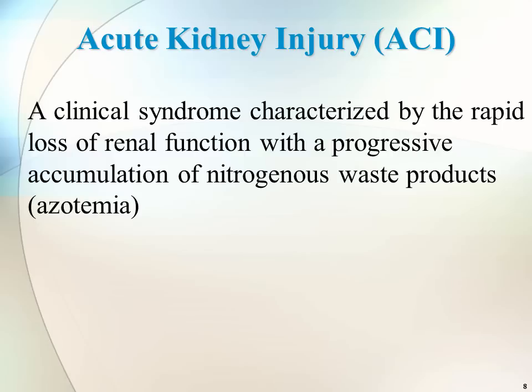If it's poor perfusion, let's get that kidney perfused again. So we want to treat it very aggressively and rapidly to reverse the problem. And we said we watch BUN and creatinine, and I said that BUN is the first to increase in acute kidney injury.